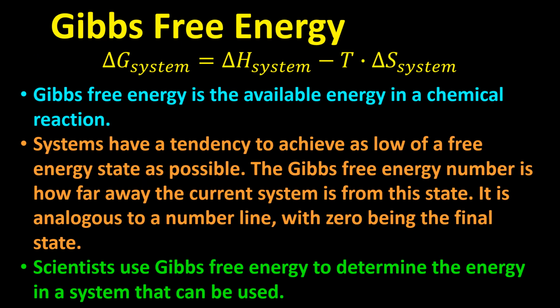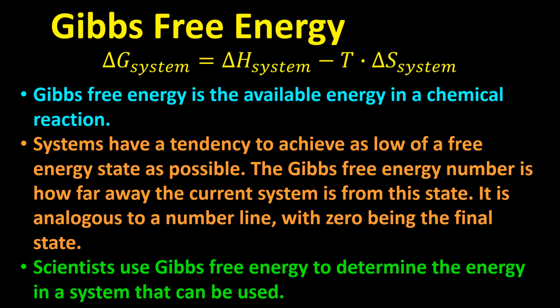Gibbs free energy. So here's the equation for Gibbs free energy. Delta G equals delta H minus T times delta S. Gibbs free energy is the available energy in a chemical reaction. Systems have a tendency to achieve as low of a free energy state as possible.